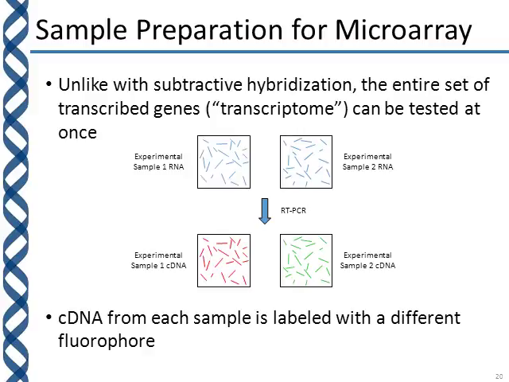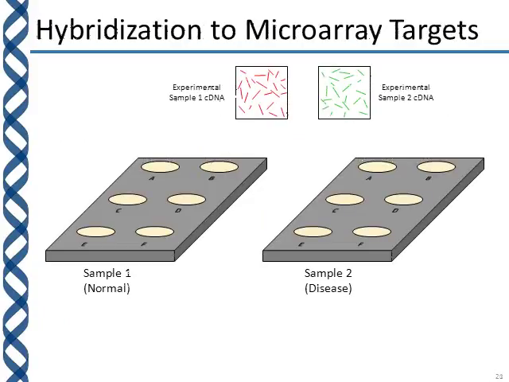The cDNA from each sample is labeled with a different fluorophore. For hybridization to the microarray targets, our experimental sample 1 is labeled with a red fluorophore. Our experimental sample 2, the cDNA, is labeled with a green fluorophore. And these are added to our arrays.